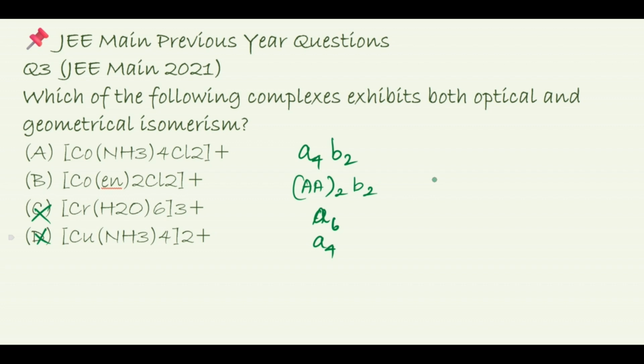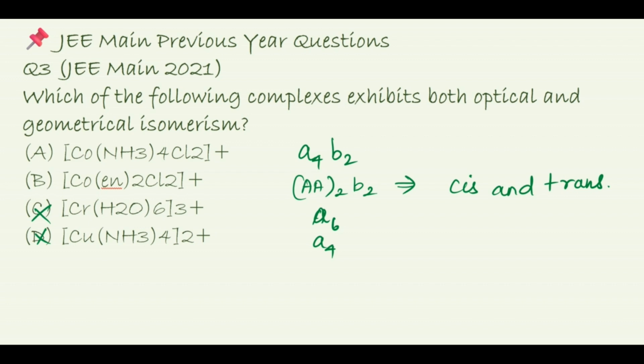M(AA)2Cl2 and MA4B2. Can B exhibit optical and geometrical isomerism both? You can see this can exhibit cis and trans forms. And what about optical? Yes, it can.